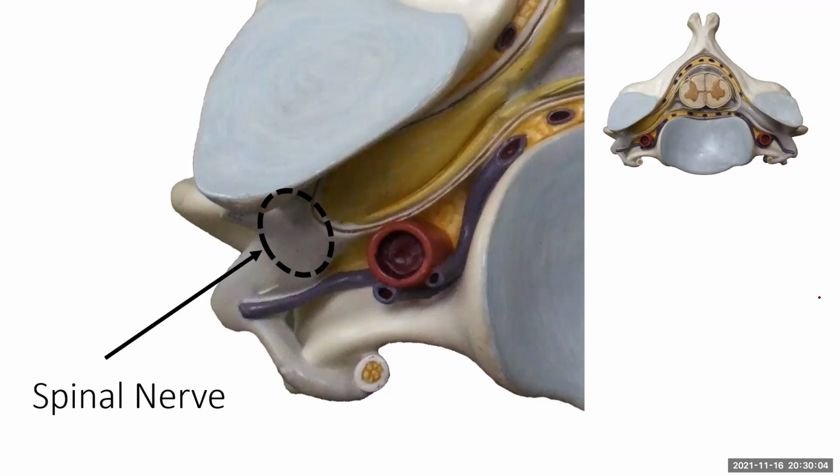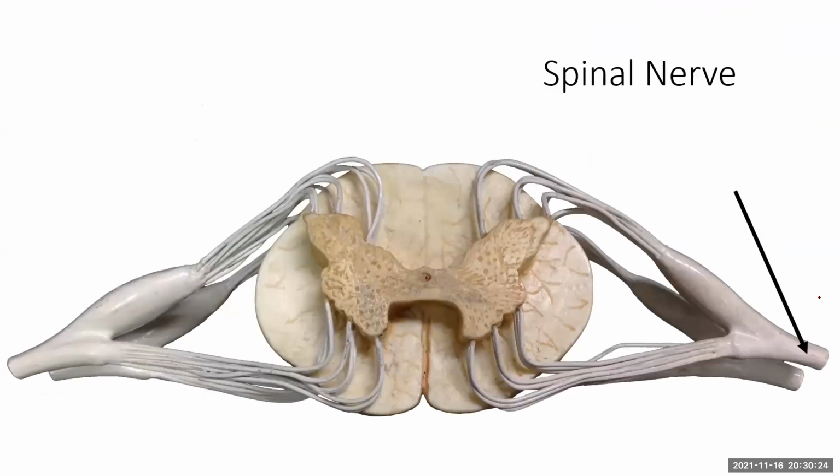And so the spinal nerve exits from the vertebral column through the intervertebral foramen. I'm not going to give you the short name for it. So you can see the spinal nerve here. You can see it better on this model here.